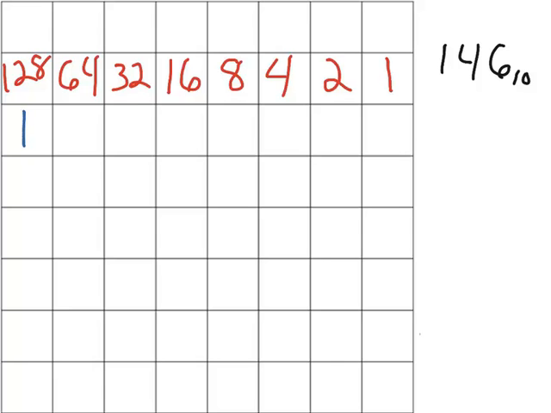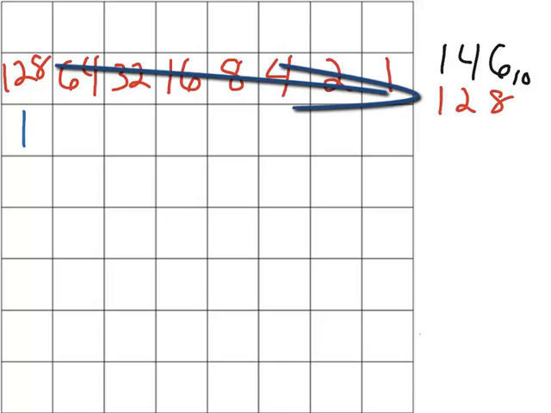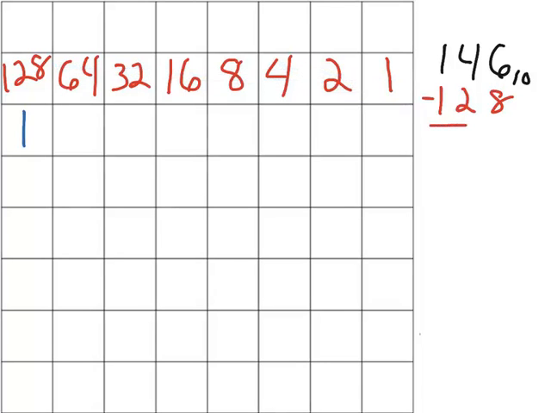After I do that, I'm going to take the 128 and remove it from the 146. So I subtract 128 from 146. Let's see. 146 minus 128. Well, looks like I need to borrow, so this becomes a 3.